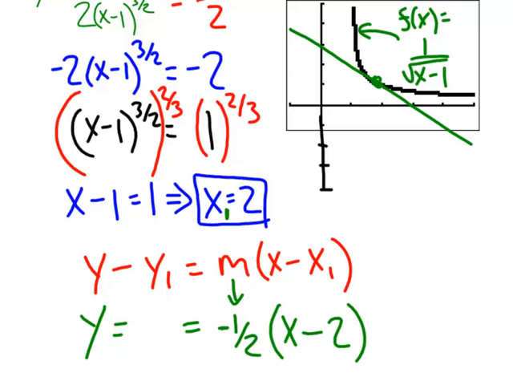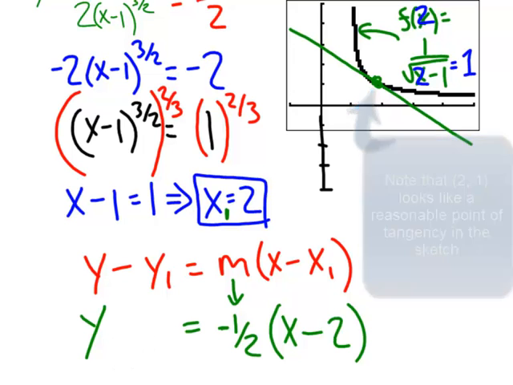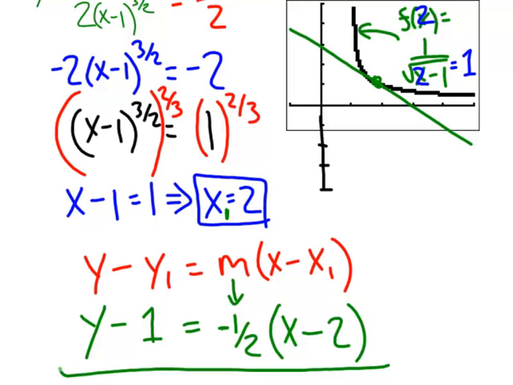If I were to plug in an x value of 2, that would give me just 1. So that's my y1 value there. And I don't need an equal sign there, I need a minus sign. So guess what? That is our equation.